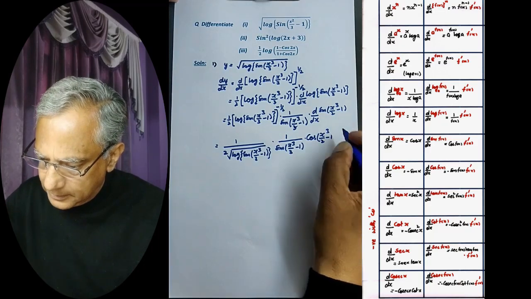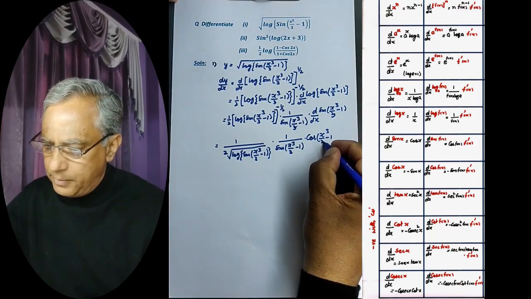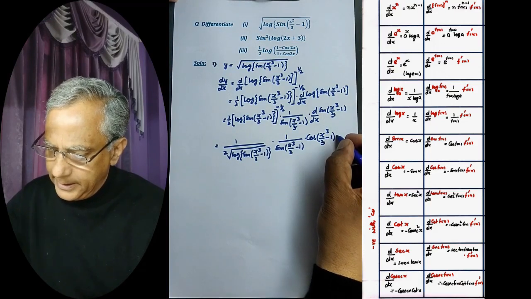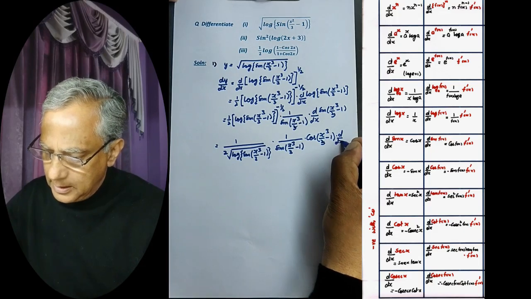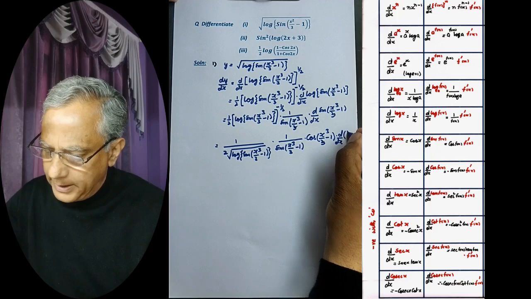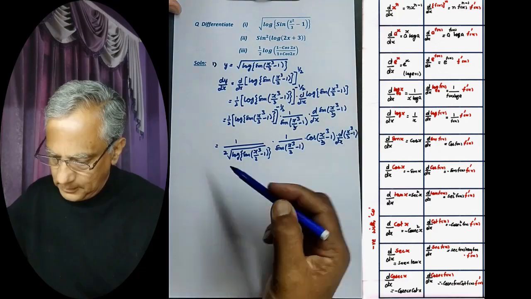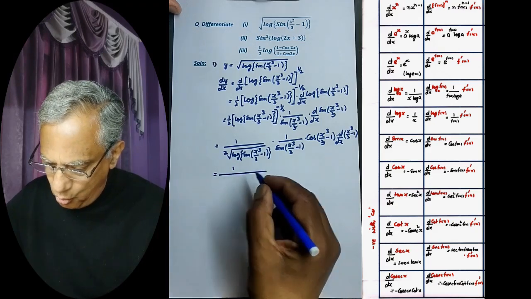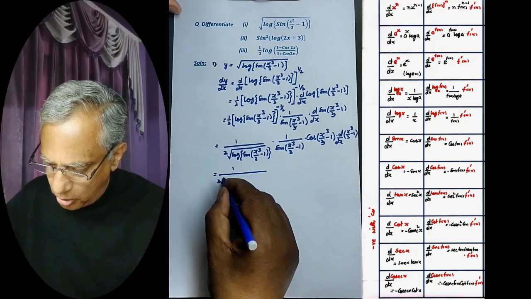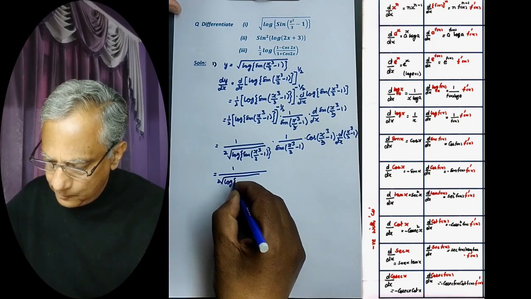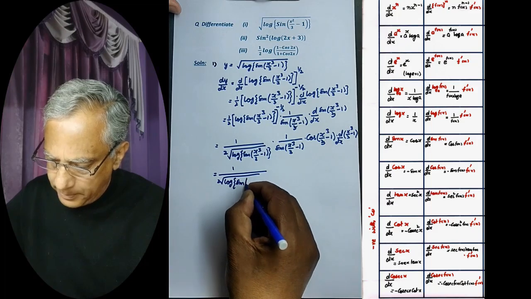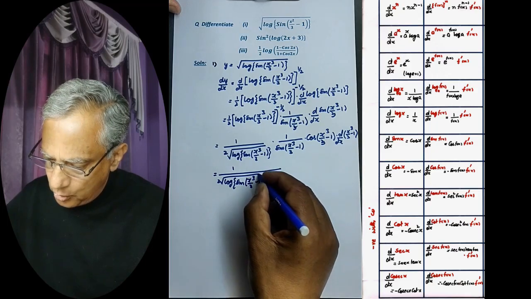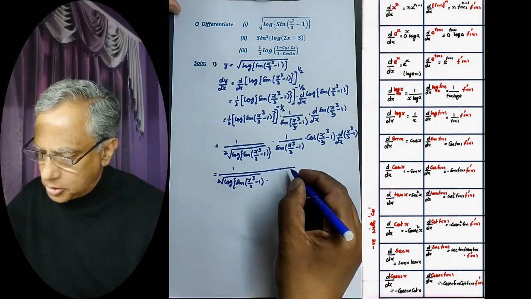into d by dx of the inner function. Inner function is x cube by 3 minus 1, is equal to 1 by 2 under root of log sine (x cube by 3 minus 1) into cos over this.